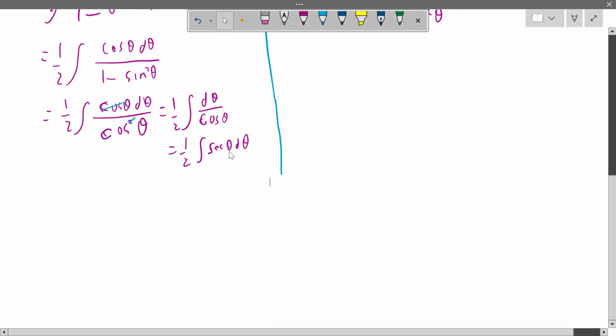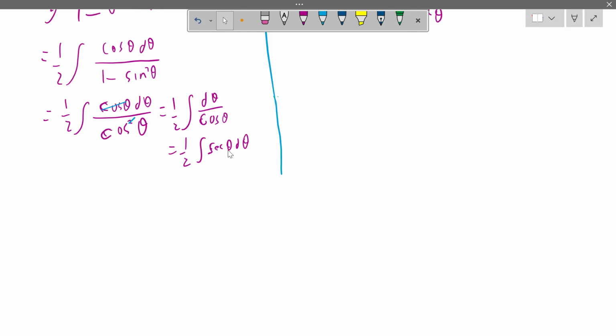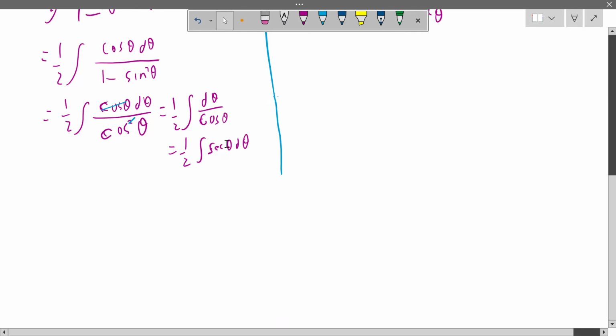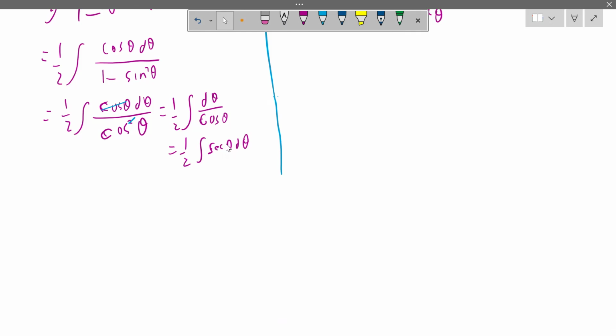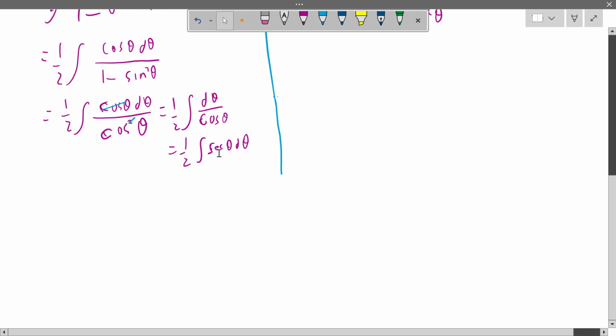All right, so the integral of secant theta d theta. This looks simple, but there's actually a trick, which is quite commonly taught in your usual calculus courses. To evaluate the integral of secant theta d theta, you multiply secant theta by a smart choice of 1 over 1, something over something where both things are the same.